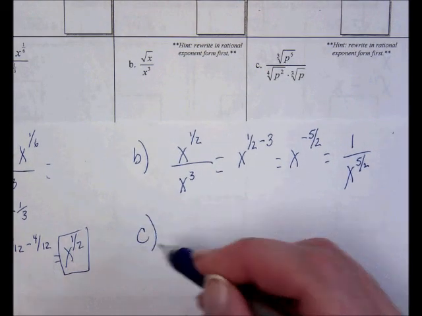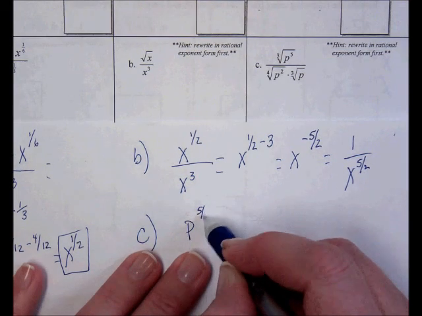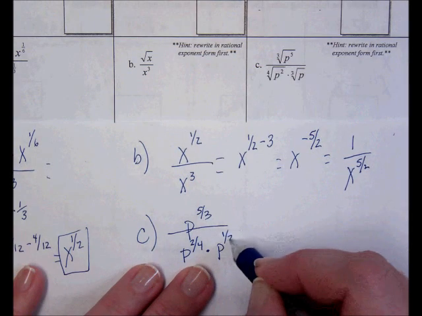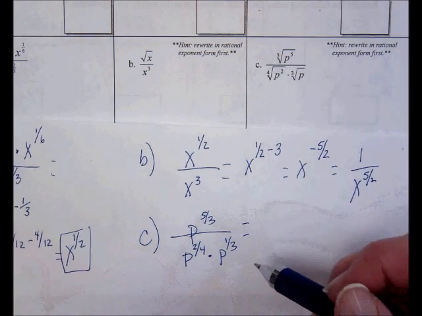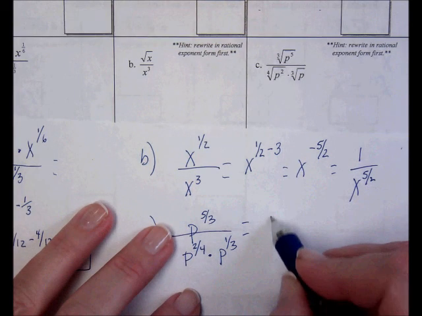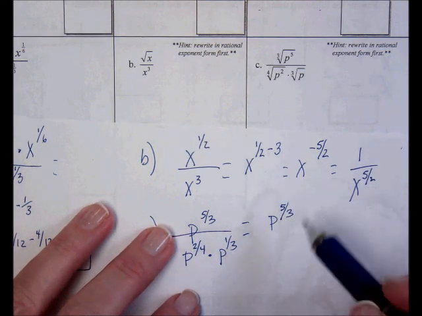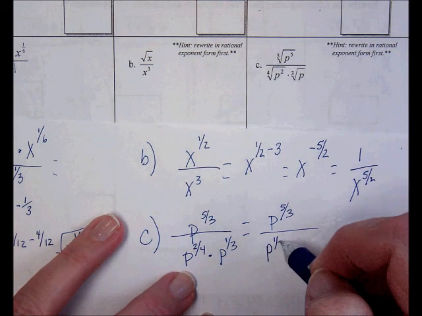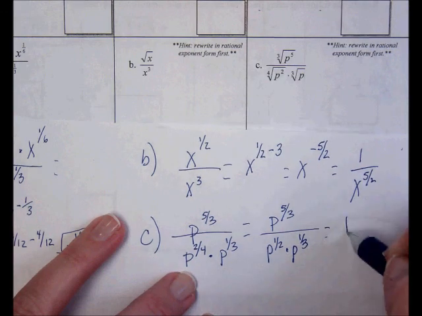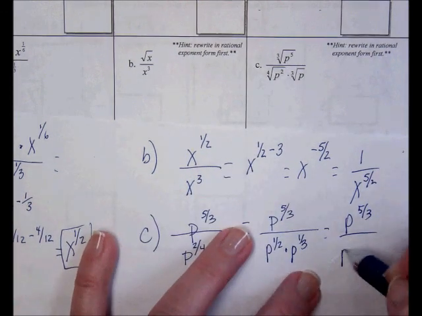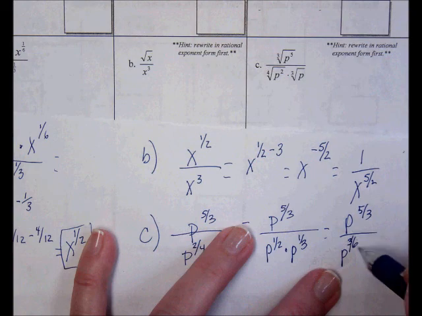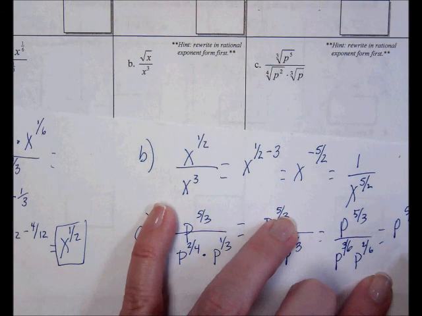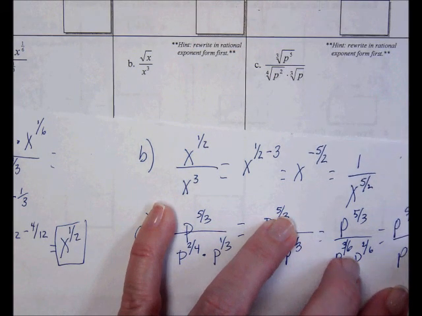And then the last one, C, is going to be p to the 5/3 divided by p to the 2/4 times p to the 1/3. And that's going to equal, I'm going to simplify this, p to the 5/3, and then I'm going to say p to the 1/2 times p to the 1/3 is equal to p to the 3/6 times p to the 2/6, so p to the 5/3 divided by p to the 5/6.